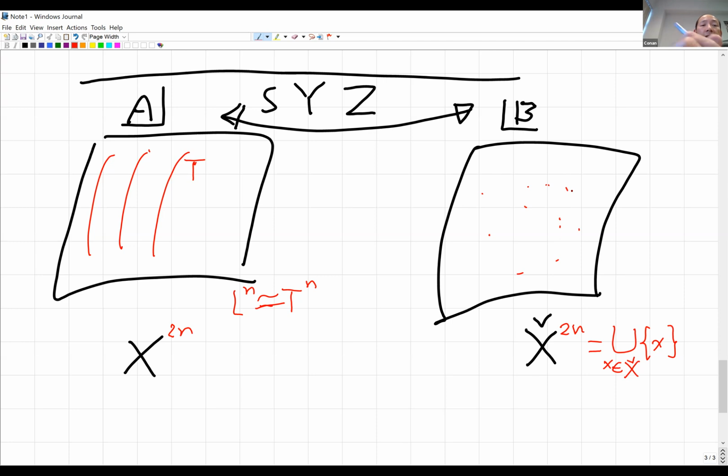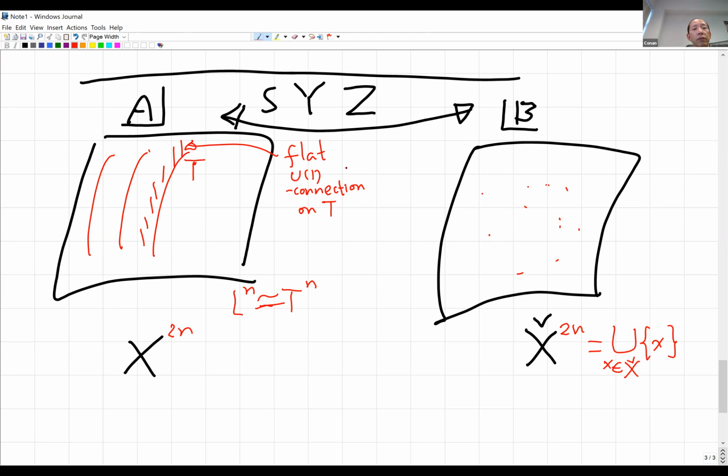The thing is that each of these tori can have a non-trivial gauge field. So you have a U(1) gauge field, which mathematically is a flat U(1) connection, or gauge field on T, so that you can have some twisting on top of each torus. And the amount of those is also n-dimensional.